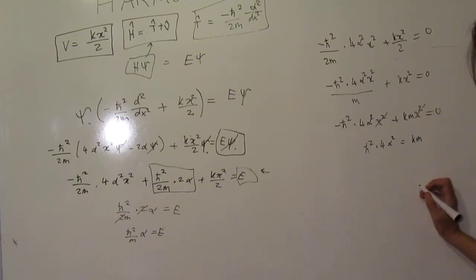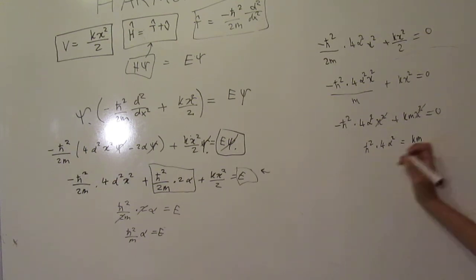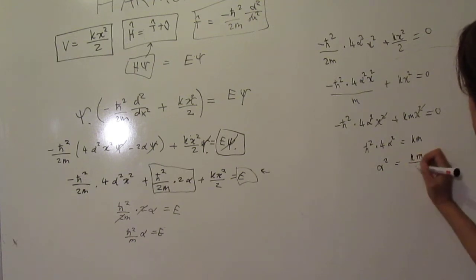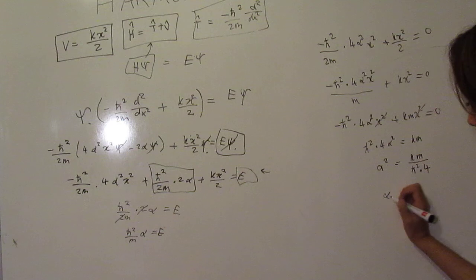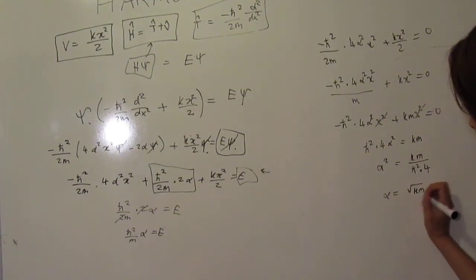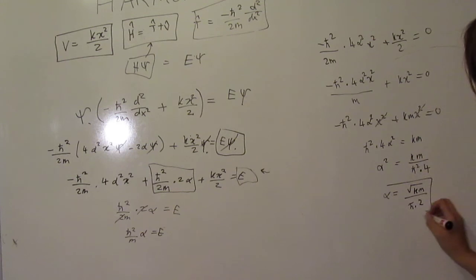If we divide by h bar squared times 4, then alpha squared equals k m over h bar squared times 4, and then alpha is root k m over h bar times 2. And that's our value of alpha.